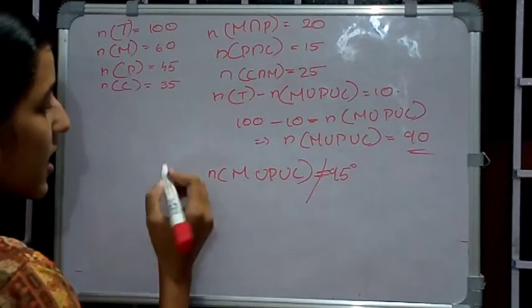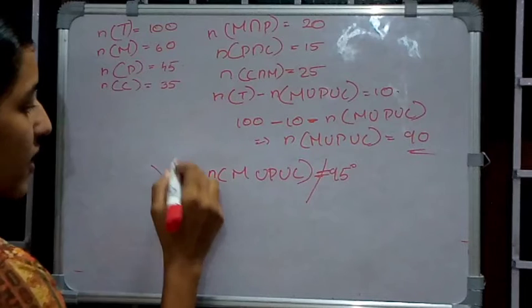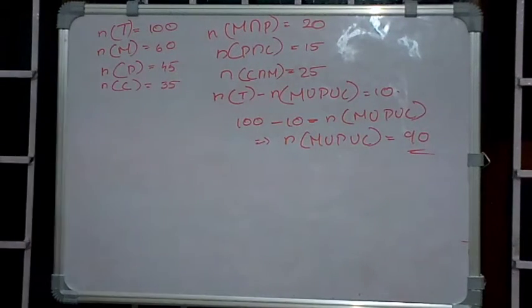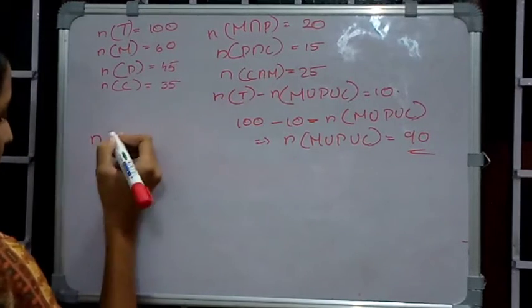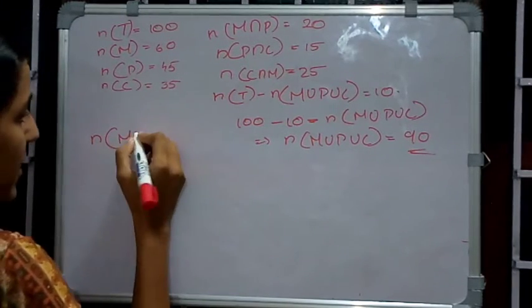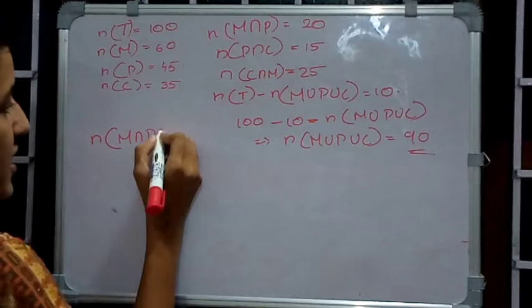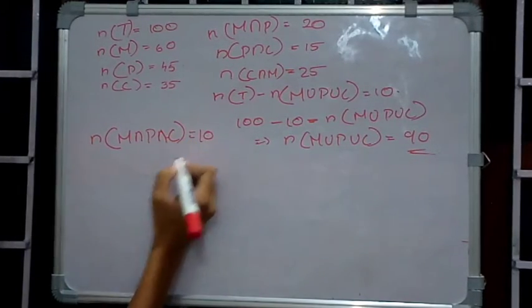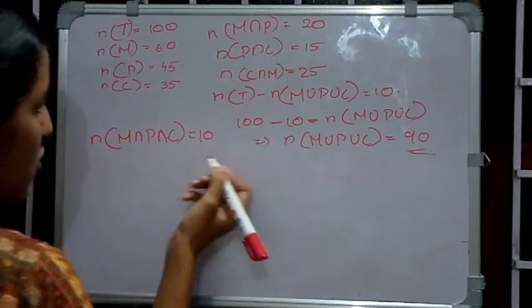So option A is incorrect. Let's look at option B. It's given 10 students study each of mathematics, physics and chemistry, that is n of M intersection P intersection C is equal to 10. So we have to find whether it is true or not.